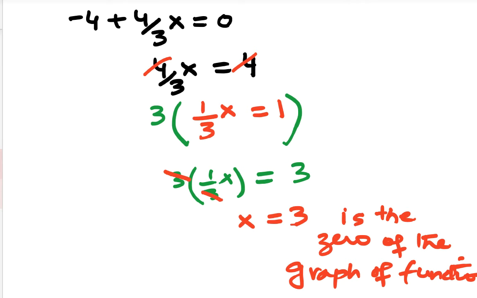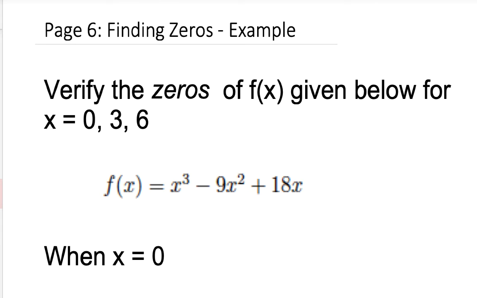Okay, now let's go ahead and look at another example. In here, we will verify whether the zeros of f(x) are x is 0, or x is 3, or x is 6. So what we're basically going to do is plug in 0 wherever the x is given in this equation. And if f of 0 comes out to be 0, that means x equal to 0 is a zero of the function. Similarly, for x equals 3 and 6.